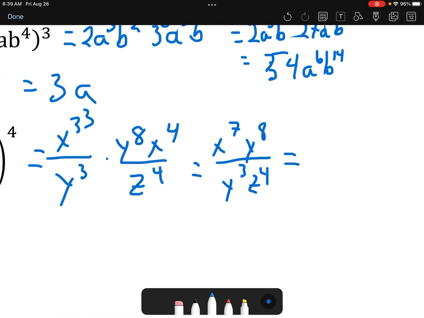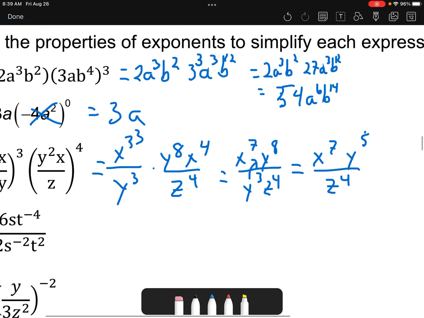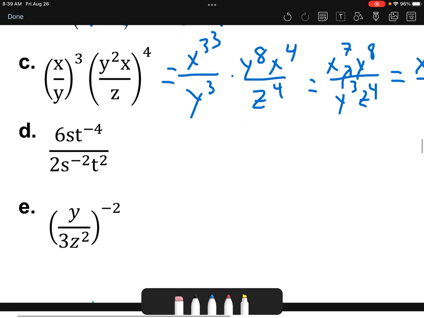We could move up from crossing the fraction bar now, and we can change the signs. So that 3 becomes negative, so 8 minus 3 is 5. And this keeps it easy for us, knowing that the bigger exponent is always going to be positive. So that's why we move the smaller one across to negate that exponent.